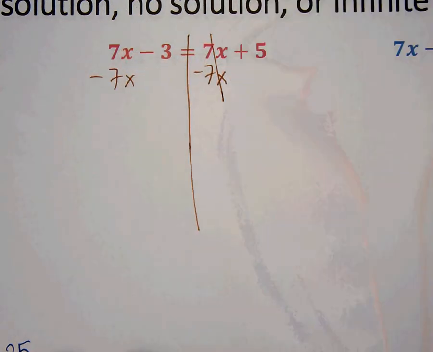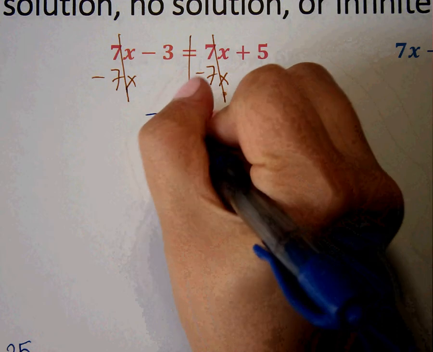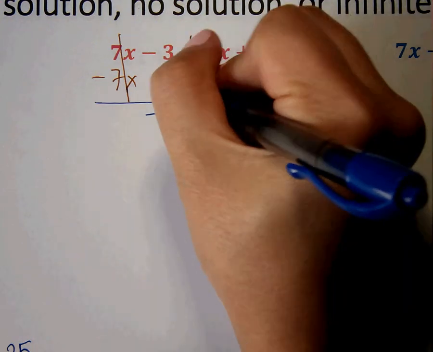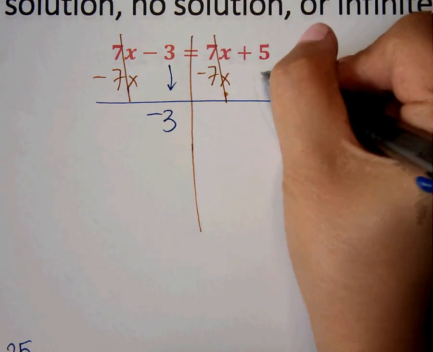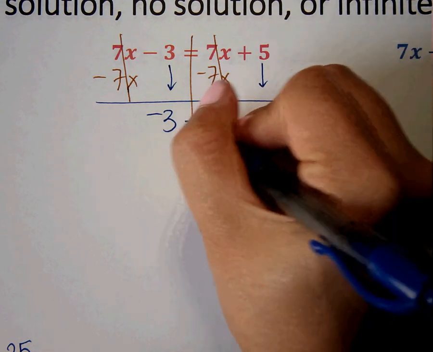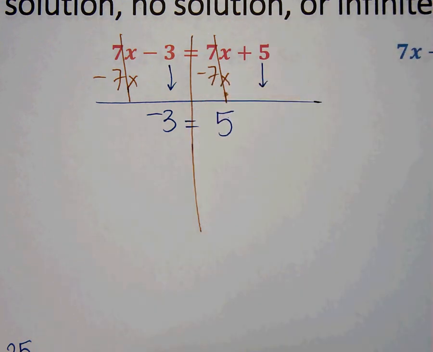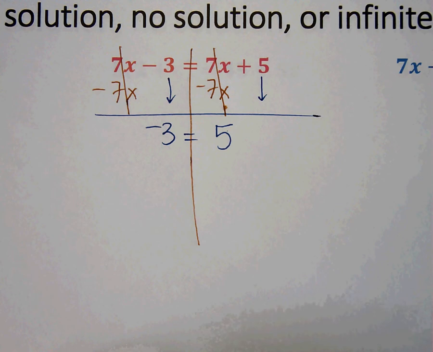So this is 0x. Oh, it just happened to cancel out all the variables, so we bring down the negative 3. And over here you have 0x, so all you have to bring down is the 5. So here we have negative 3 equals 5.